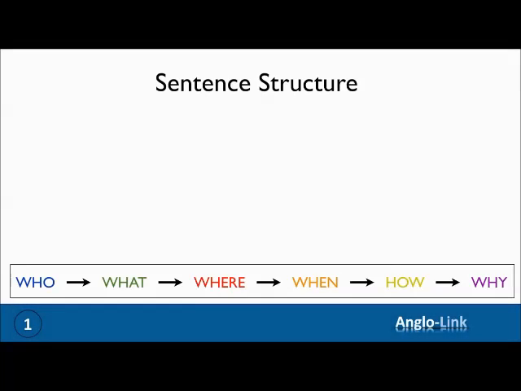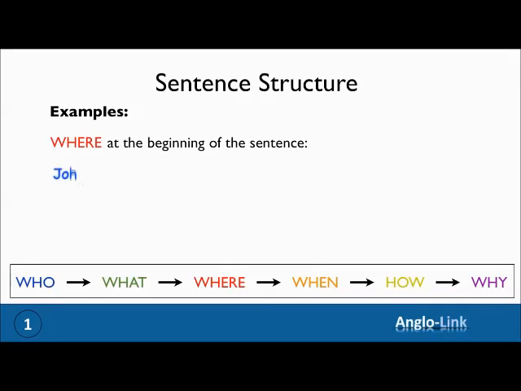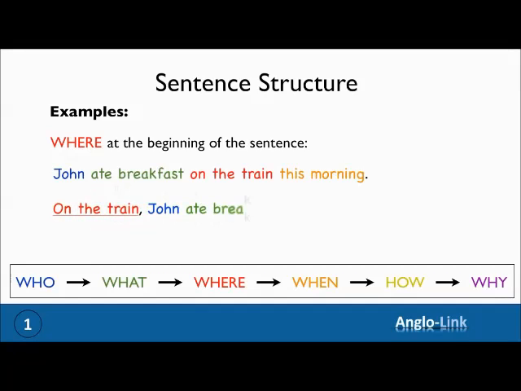Let's look at some examples. Let's start with putting where at the beginning of a sentence. If we look at one of our earlier examples, for example, John ate breakfast on the train this morning, and put the element of where, that is, on the train, at the start of this sentence, you will notice that it doesn't sound very natural.